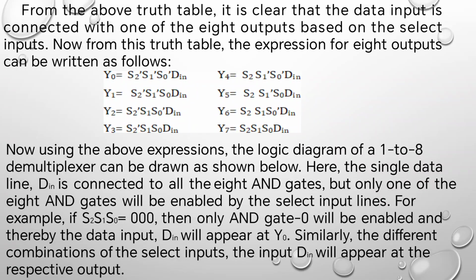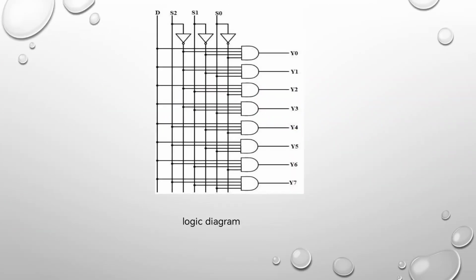For example, if S2, S1, S0 is equal to 0, 0, 0, then only AND gate 0 will be enabled, and thereby the data input D in will appear as Y0. Similarly, for the different combinations of the select inputs, the input D in will appear at the respective output. This is the logic diagram for the 1 to 8 demultiplexer.